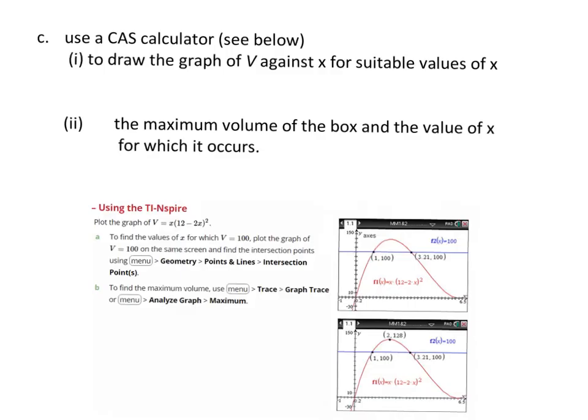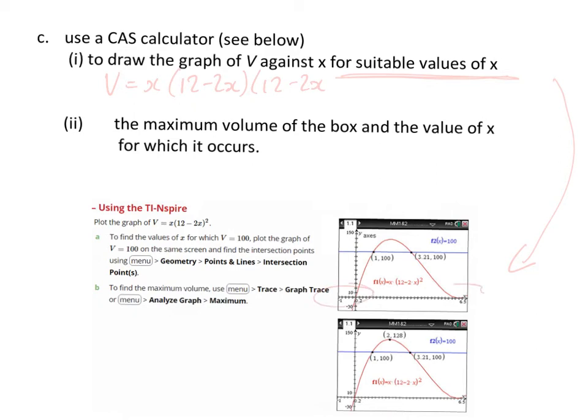Now, the next part of this question, use a CAS calculator to draw the graph of v against x for suitable values of x. This is really important. What are the suitable values of x? Well, the actual graph is drawn down here, but why have I only got that part of the graph? Now we know that volume is equal to x times (12 minus 2x) times (12 minus 2x).